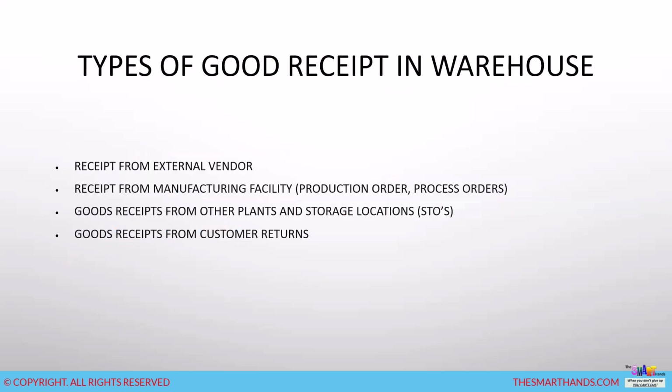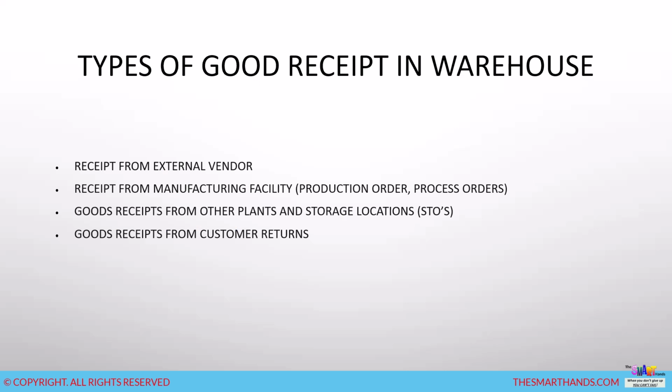So how many ways are we going to receive material into the warehouse? First, from external vendors: once we raise a PO, the vendor sends the material to us. The second is from our own production facility. We give the raw material to them, they process it and make the final product, and that final product we receive again.